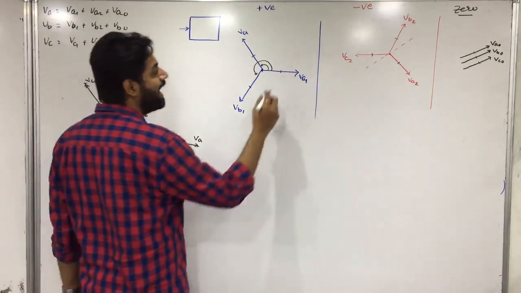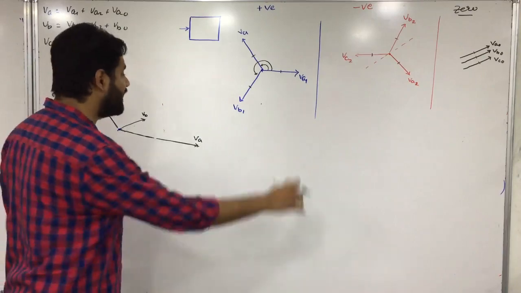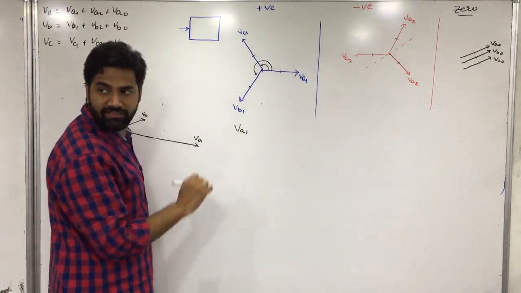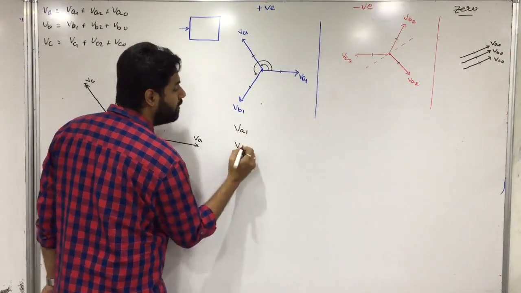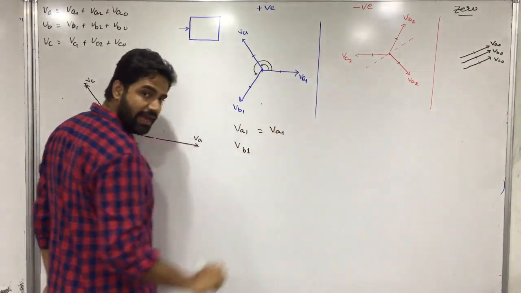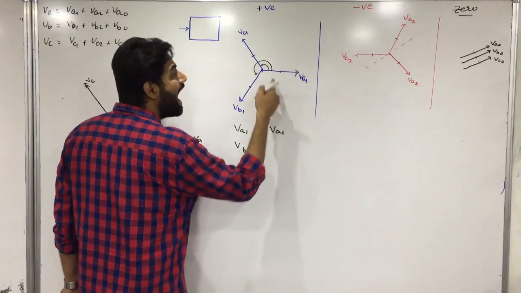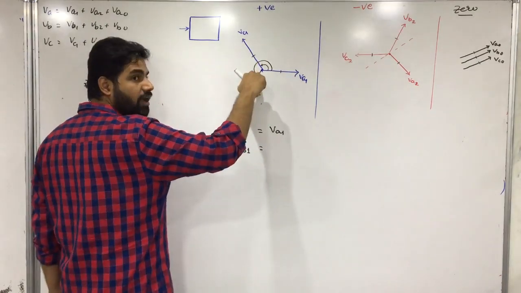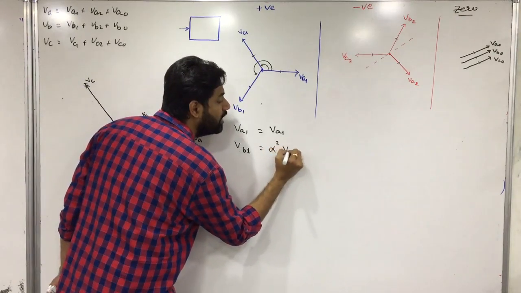So I can say that VA1, VB1 and VC1, all three have the same magnitudes. VA1 is equal to VA1, which is very logical. So VB1 is equal to alpha square into VA1.